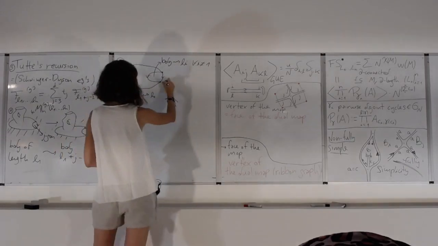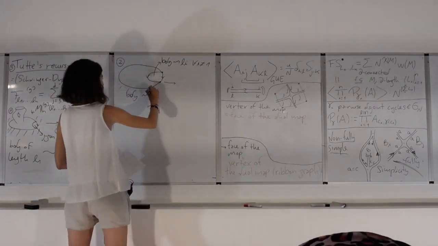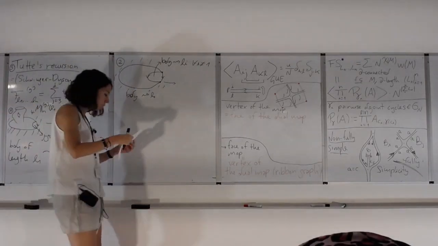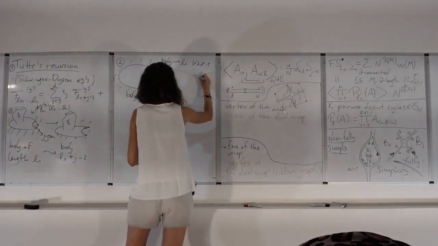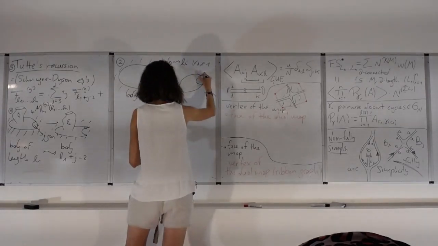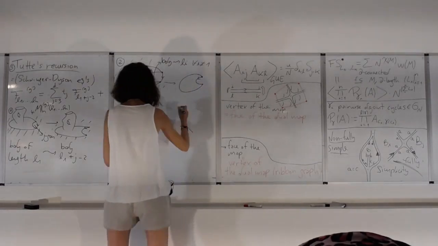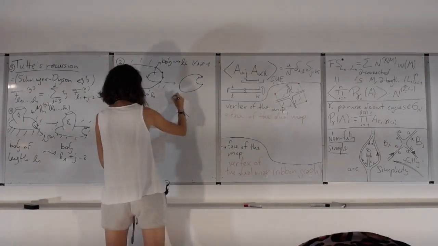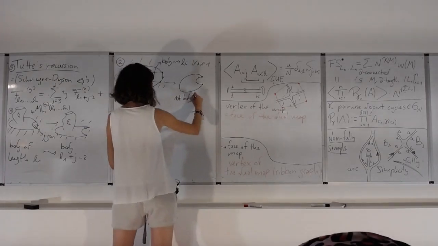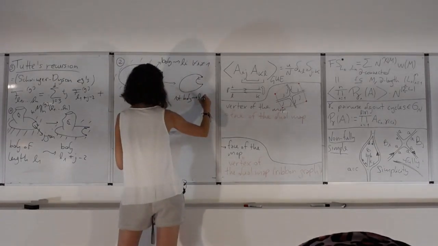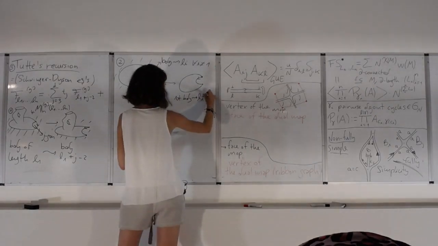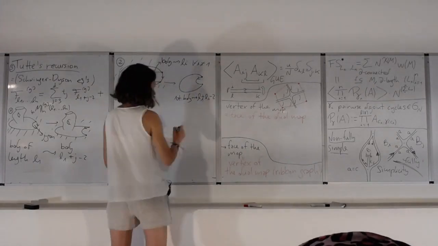Now if we remove it, so this time I didn't draw any genus, but there could be genus, there could be anything. We remove it, we get something very similar as before. We just get that the first boundary now has length, again, L1 plus Li minus 2.